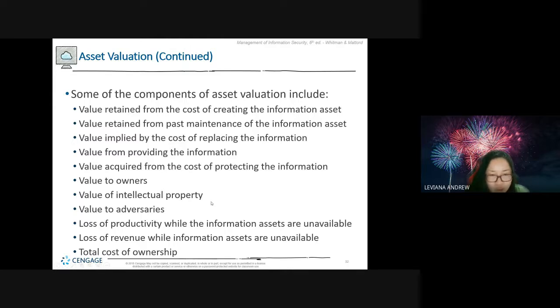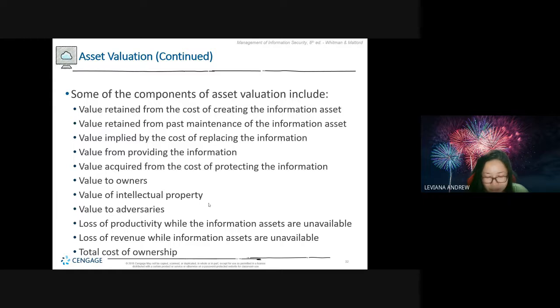Value of intellectual properties. Any organization can put value on any IP that they have registered, or any patent, any trademarks, any copyright, and also any intellectual properties. The guidelines, the SOP, and then the structural knowledge of the organization.